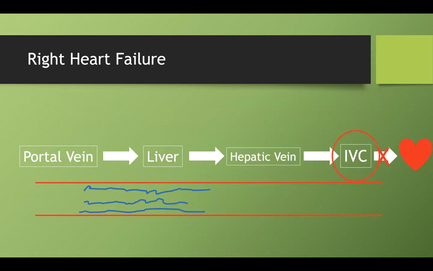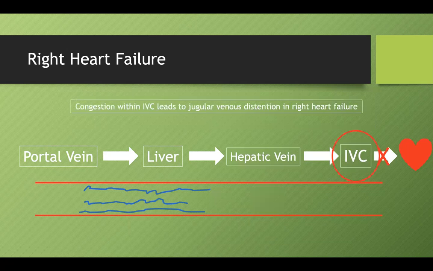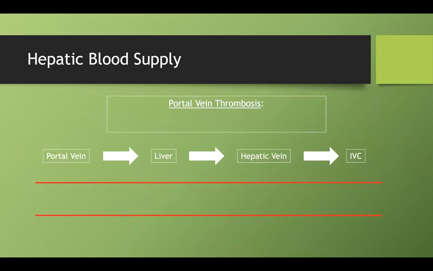Because of that, you will see jugular venous distension in right heart failure. So on question stems, keep a lookout for that. If they mention any sort of JVD, which is pulsating, you can see congestion in the neck essentially. They'll usually tell you yes or no on a question stem if they have JVD.